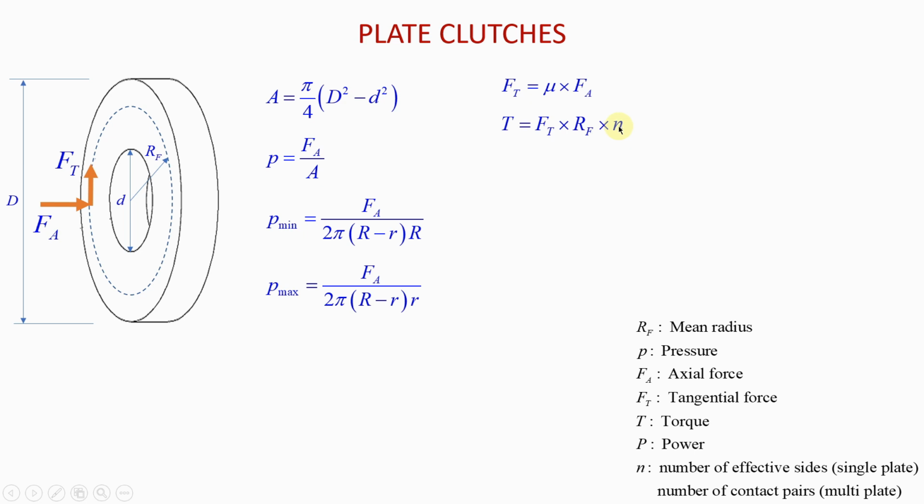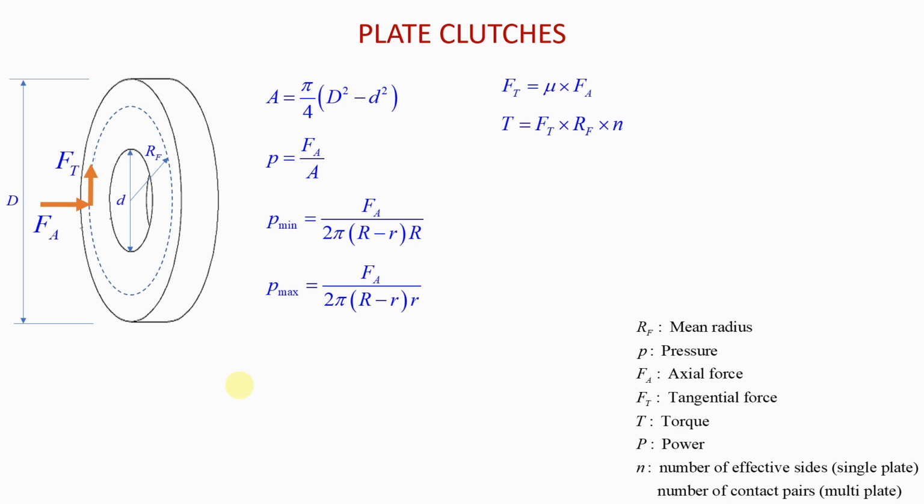Now this N here is the number of effective sides that you have on a clutch. Generally both sides of the clutch will be effective. What that means is that this side is effective and the side there behind is also effective. When both sides of the clutch are effective, then N will be equal to 2, okay?